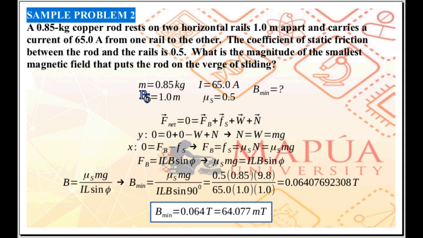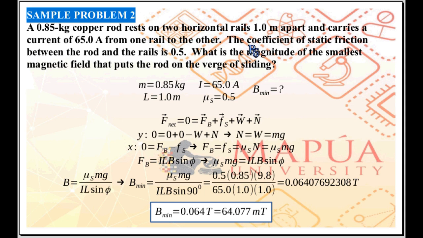Mass of the copper rod is m, 0.85 kilograms. The two rails are 1 meter apart, which essentially gives you the length L, since this will be basically the length of the rod that carries the current of 65 amperes. Current I is equal to 65 amperes.